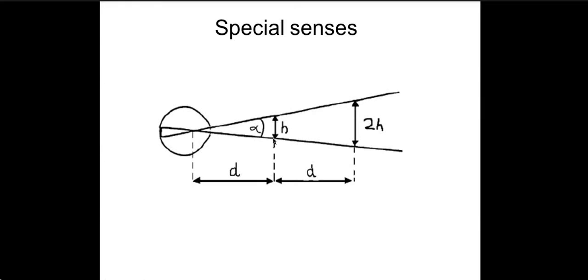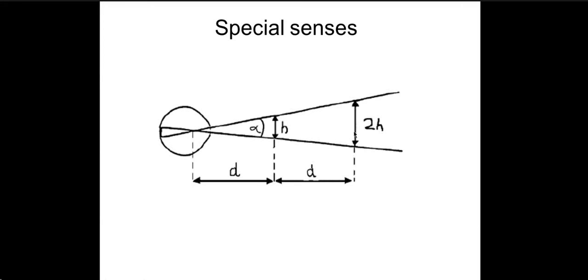That is why, keeping this in mind, the size of the letters of the Snellen chart is determined. The letter which we can read from a 6 meter distance is smaller in size, and the letter which is read from a 60 meter distance is bigger in height.